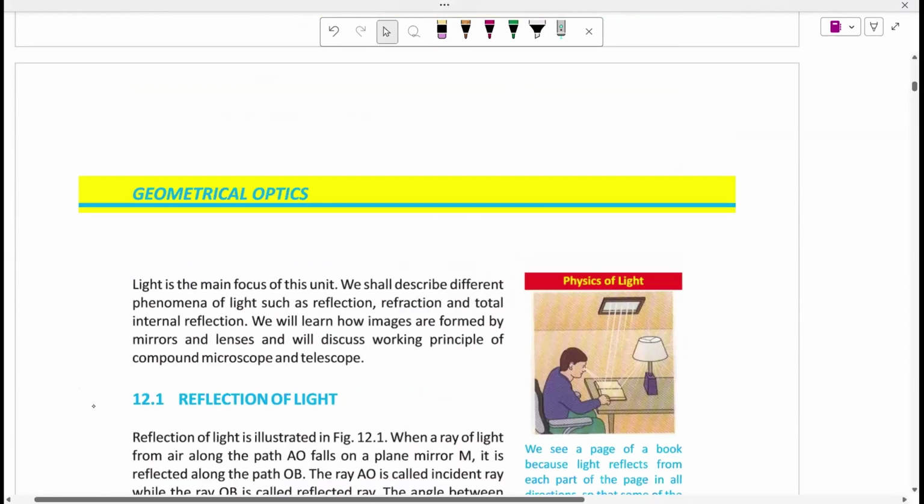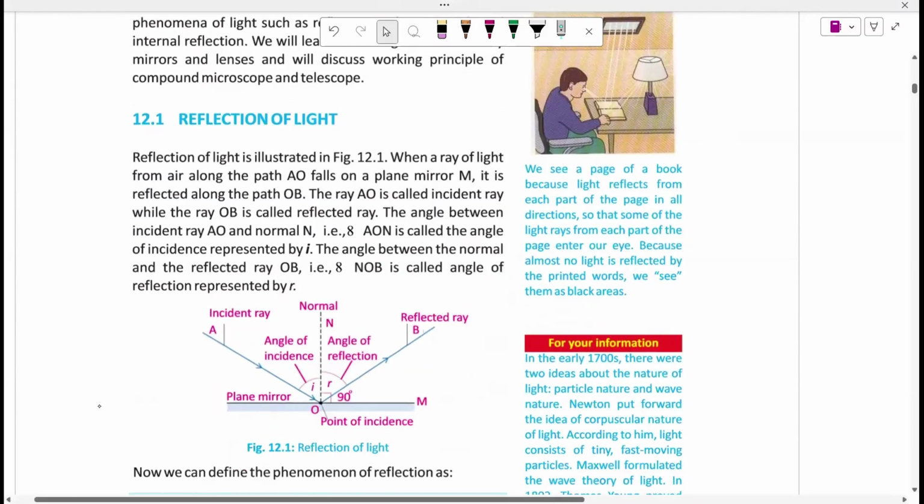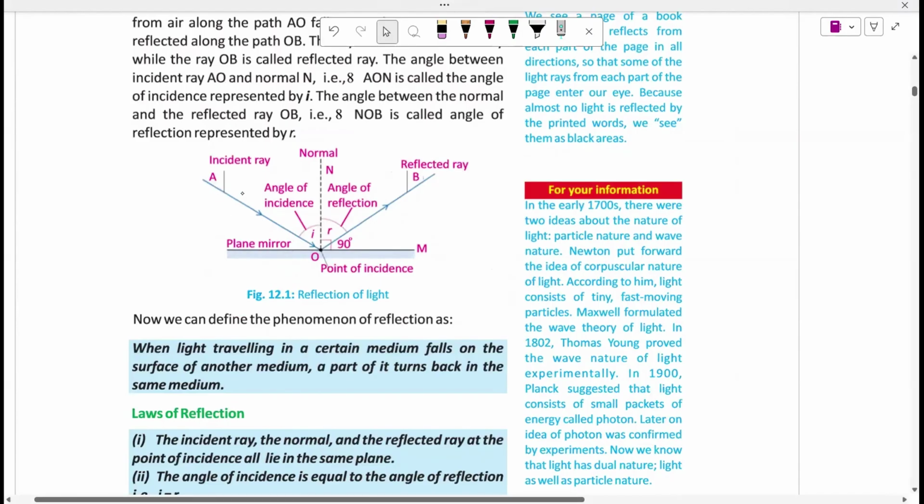There were a few points that were not clearly written in the other book. So this is what I was talking to you about in the previous lesson: at the point where the incident ray touches the surface, we draw a 90 degrees angle. This line is known as the normal. The angle which the ray makes with the normal is the incident angle, and the angle the reflected ray makes with the normal is the angle of reflection.